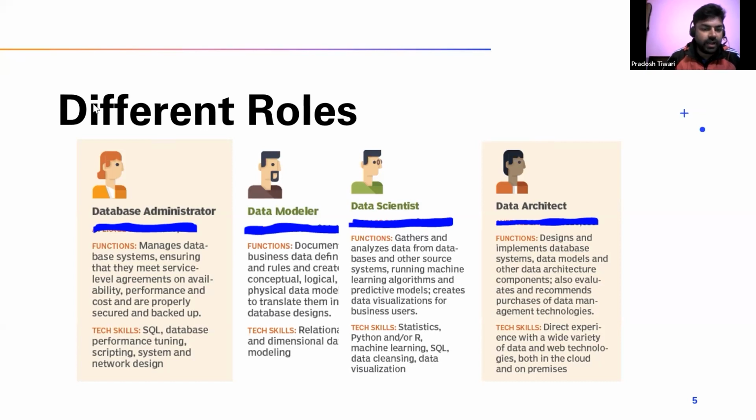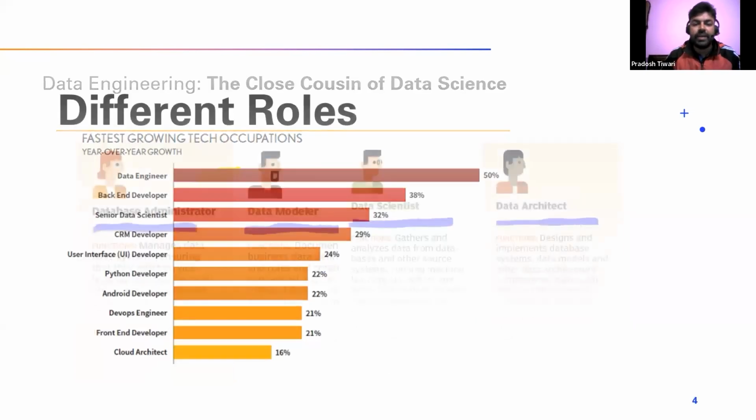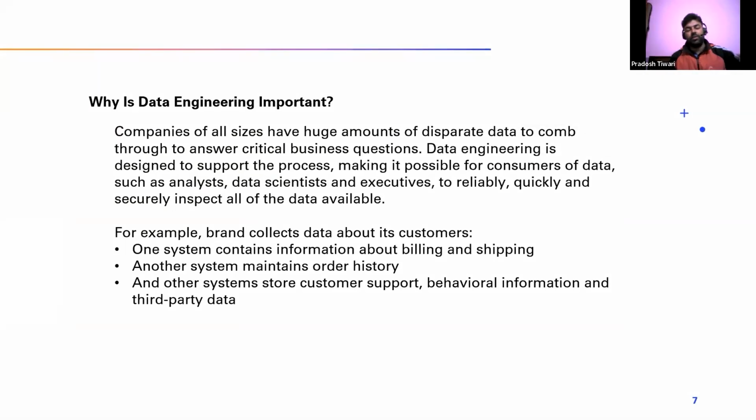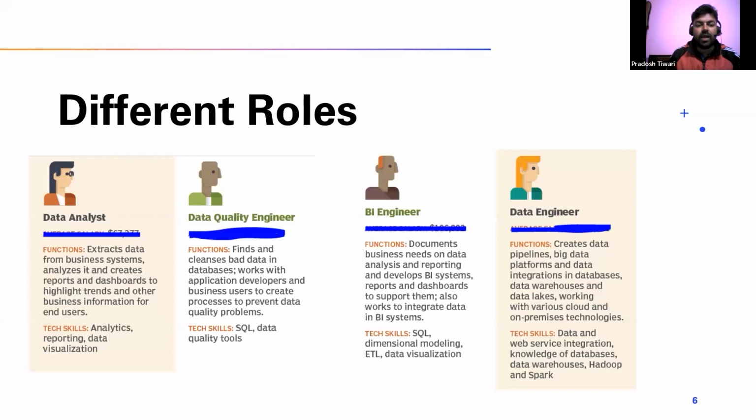So in the next slide, we have data analyst and then data quality engineer. What data analysts actually do is they dig into data and give answers to business questions. They do the analysis, and they go into the dashboards, work closely with the business or end users, and help them.